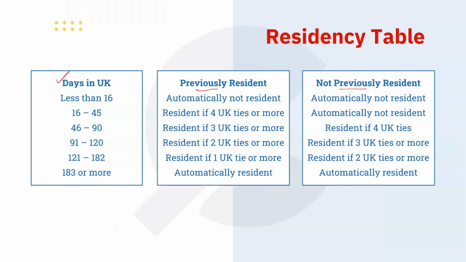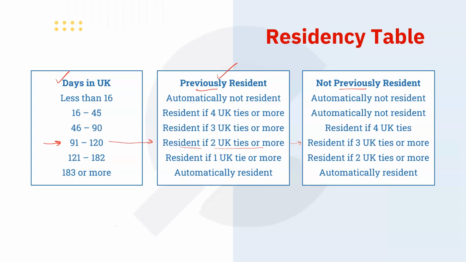Let's assume that in a given scenario, individual A had been in the UK for 110 days in a tax year. Let's look at the leftmost column to identify the suitable range and then read across after establishing whether the individual was previously resident or not. So, if individual A was previously resident, he will be considered UK resident yet again if he is able to prove that he has 2 or more ties with the United Kingdom.